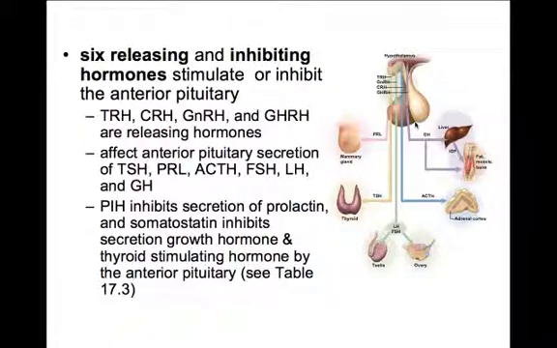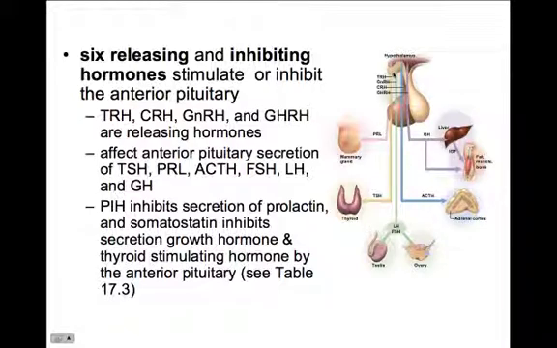They're called releasing hormones because they cause the release of hormones from the anterior pituitary. They affect the anterior pituitary secretion of TSH, prolactin, ACTH, FSH and LH, as well as growth hormone. So each of them are specific to a particular anterior pituitary secretion.